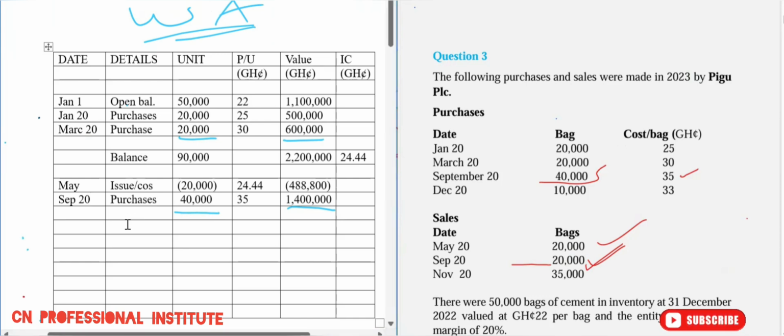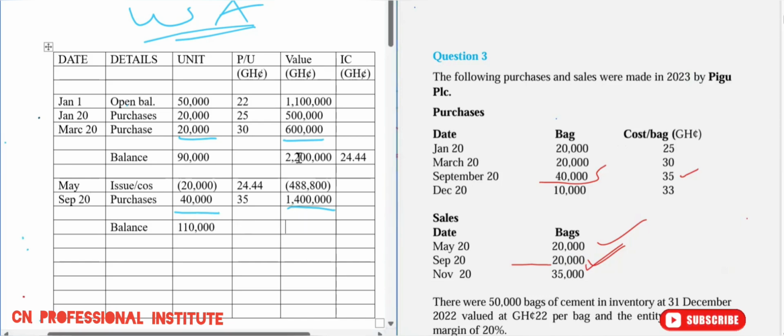Okay, and here too, let's get our balance. So the balance, we had 90, but we sold 20, we are left with 70, then we added 40. So we are left with 110,000, right?